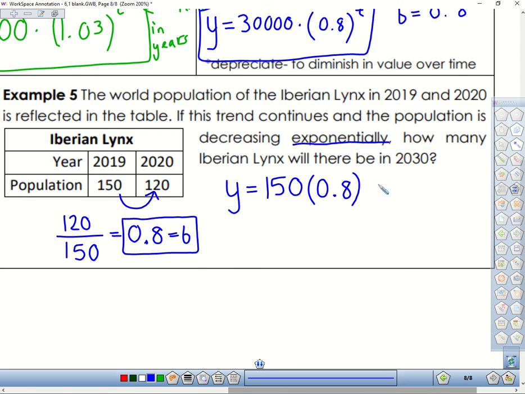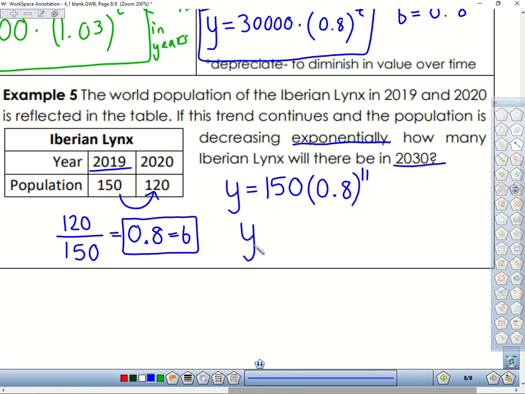Did I say 2011? I'm sorry. So from 2019 to 2030, how many years is that? 11. There we go. That's what I always do, I always say the answer. So basically, that's how many years would span from that.